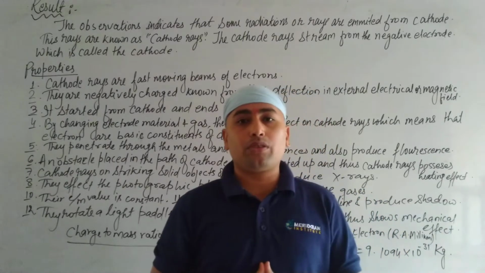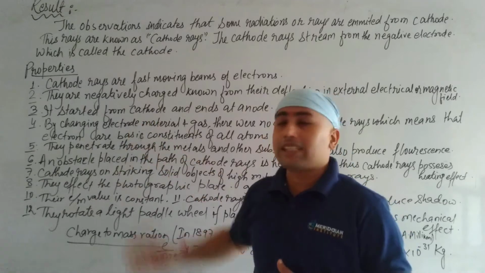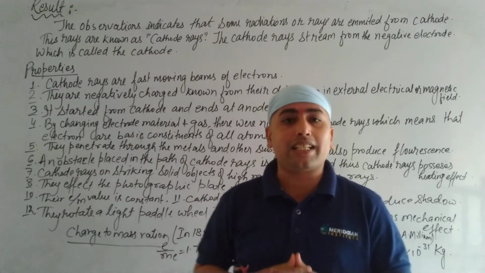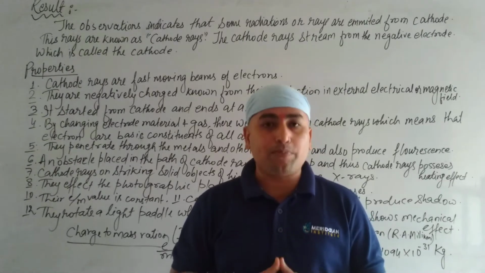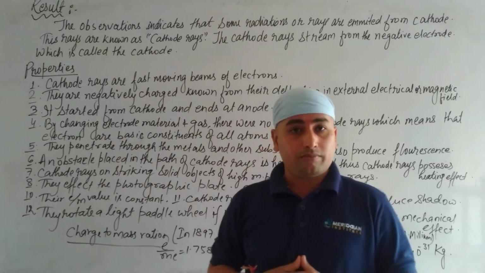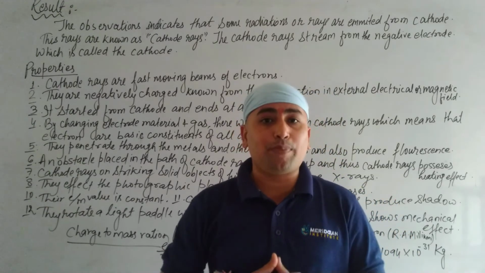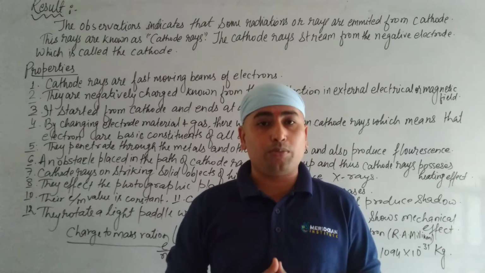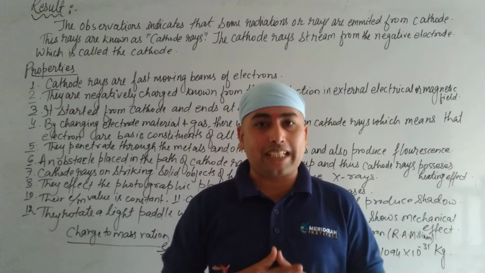Now, the third property of this experiment is that the rays start from the cathode and end at the anode. The fourth property is that by changing the electrode materials and the gases present in that discharge test tube, there was no effect on the cathode rays.